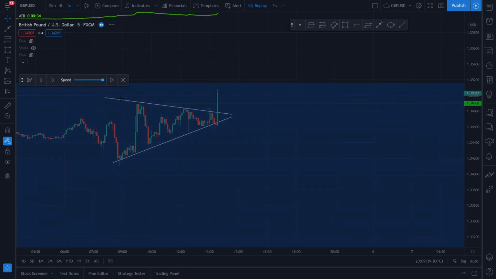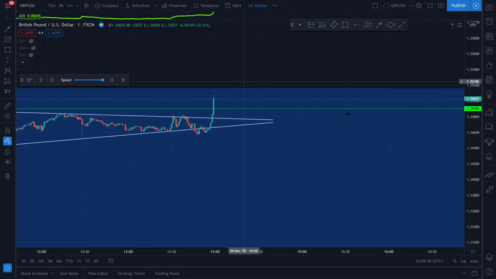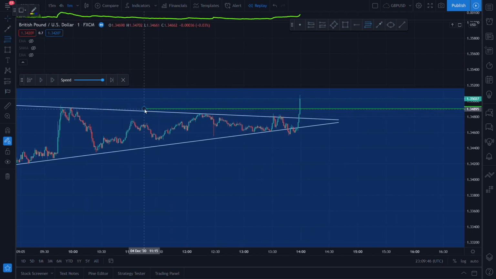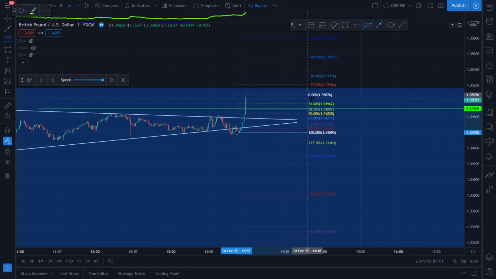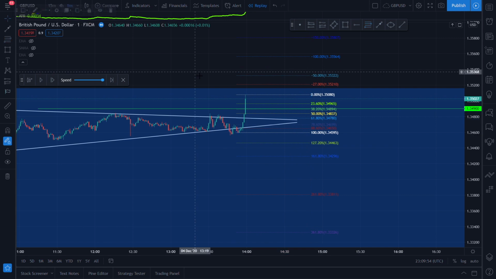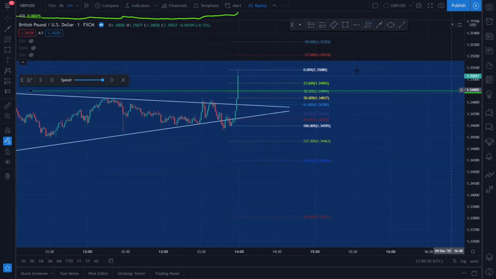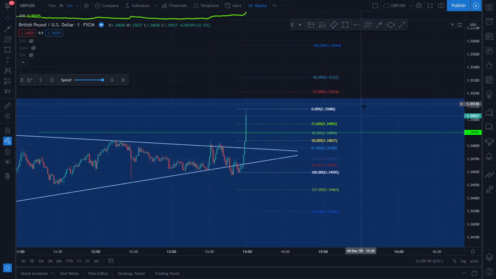Alright, so I went to the 1 minute. Okay, and what I did was, I'm not in the trade yet. This green ray is my trade position, but I wasn't in the trade yet. I drew fibs first because I wanted the retracement. Normally I'm a breakout trader and I get right into the breakout because I don't really like to retest.